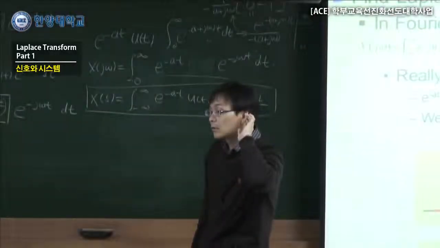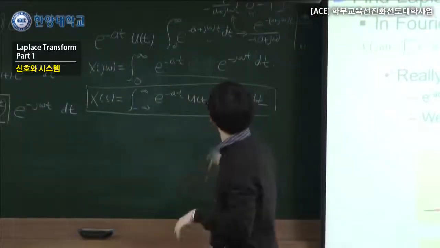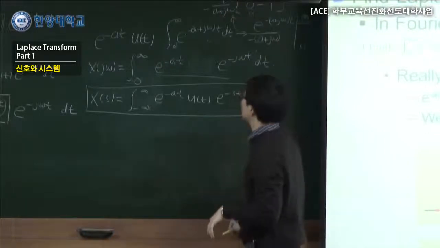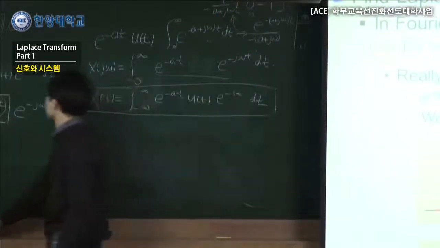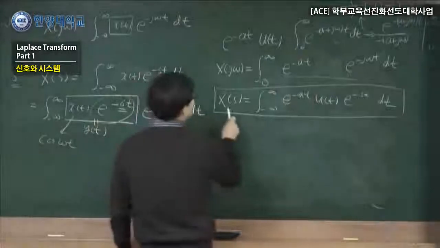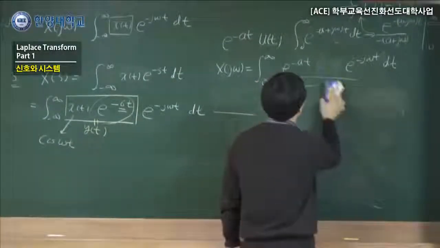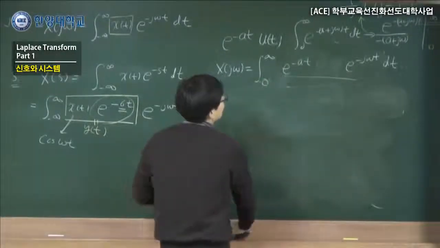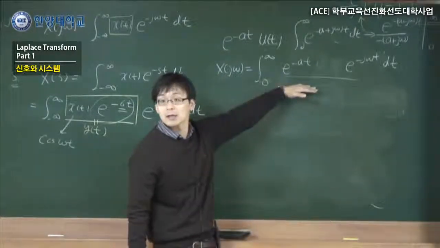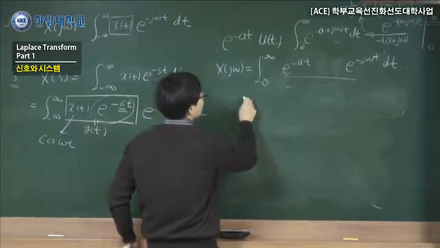The lights here are reflecting, so you cannot see what is written. Okay, so let me rewrite this one more time. So by now from here you can see that, right? So let's do it one more time.